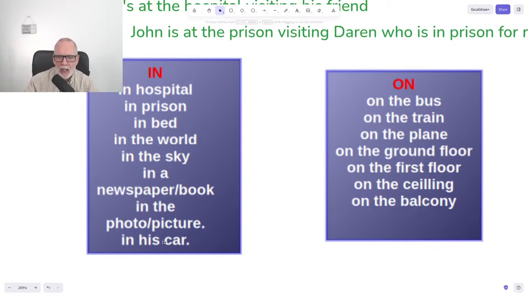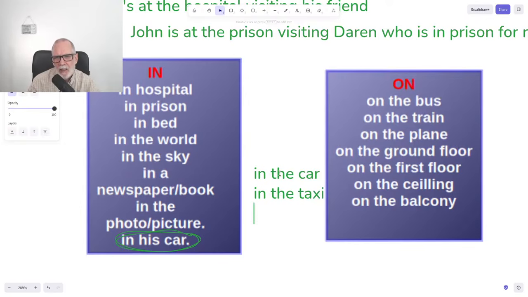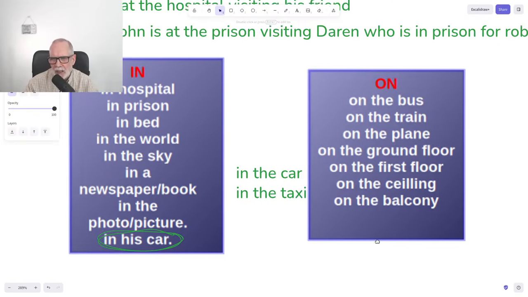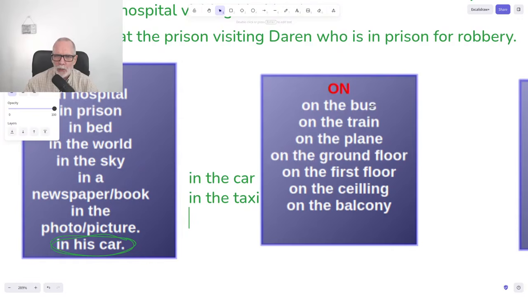In his car. Lo voy a hablar de transportes. Vamos a hacer una cosa aquí. Porque decimos in the car. But we also say in the taxi. But as we can see aquí, con otros transportes como bus, train or plane, we use on.